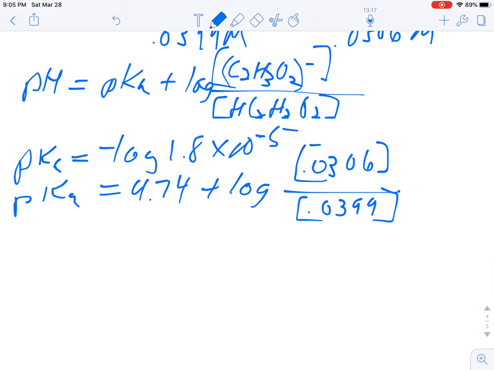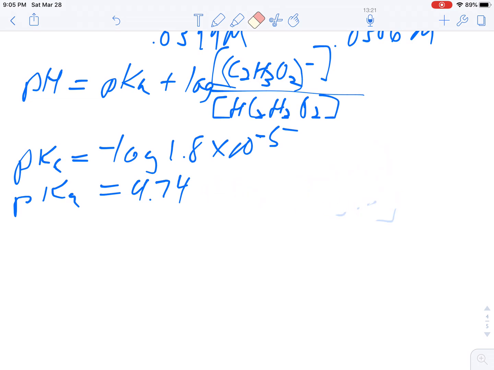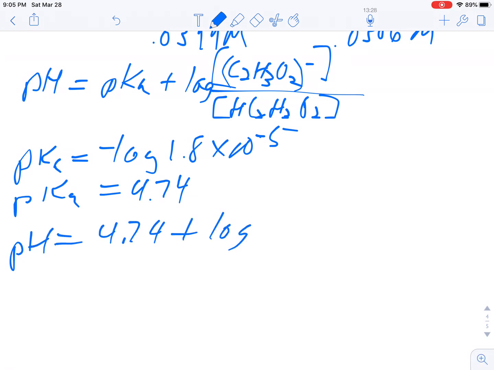Whoops, sorry, I'm combining problems here. That's the pKa. The pH is going to be equal to my pKa plus the log of 0.0306 over 0.0399.